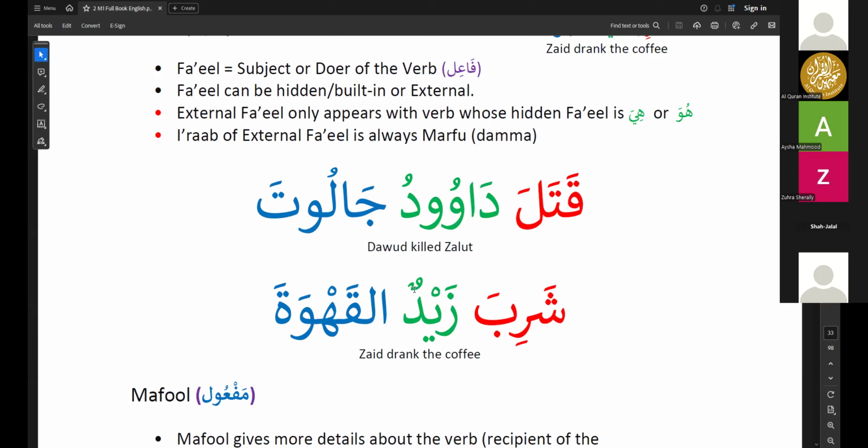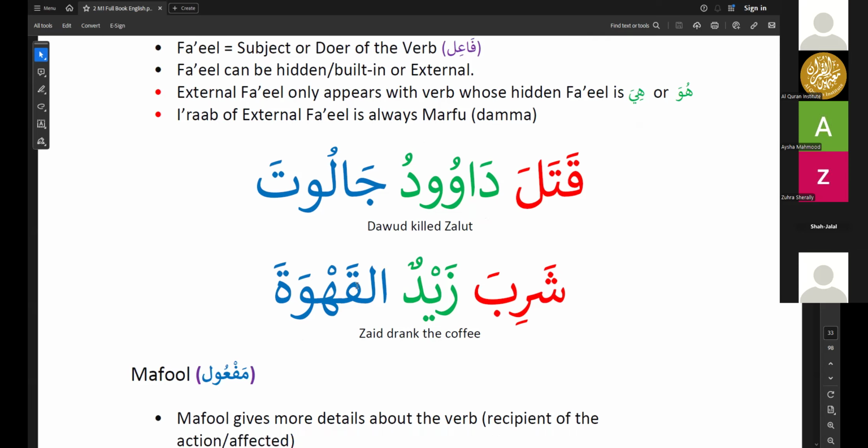And it can have dhamma, right, Ustad? Yes, dhamma or dhammatain, both are possible. If the ism has alif lam at the beginning, then one dhamma. If it doesn't, then dhammatain. But there are some other cases, when it becomes mudaf, a lot of other things will come.